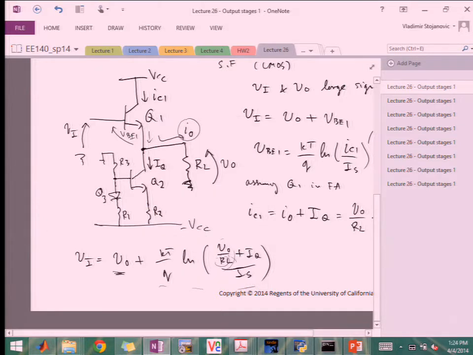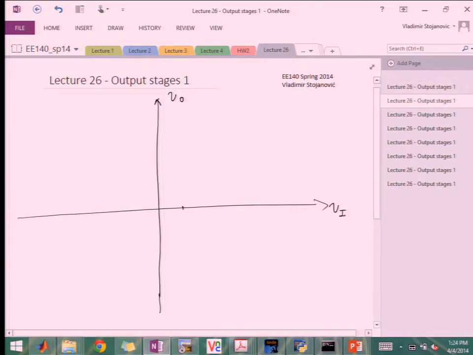But IQ is going to flow straight through Q1. So then this VBE1 value is very well defined by the current source value. So I'm going to say that this is now capital VBE1. This is equal to kT over q ln IQ over IS1. And this is for Vout equals 0.